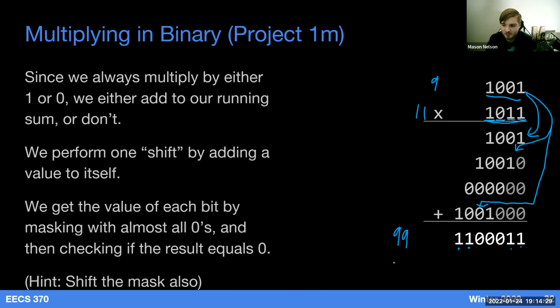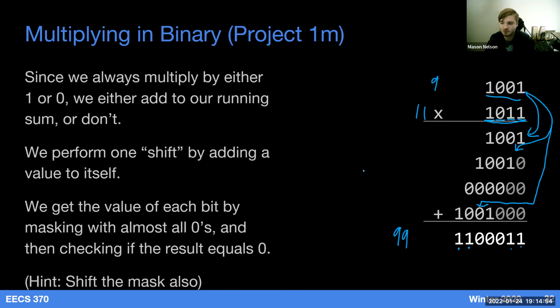For Project 1M, we have a couple difficulties. We do have to figure out how to isolate the individual bits to see if they're 1 or 0. To do that, we can do the masking stuff that we did earlier. We showed you how to do an AND operation in LC2K. So you can do that with some sort of mask, and that mask will have a single 1, and all the rest will be zeros.